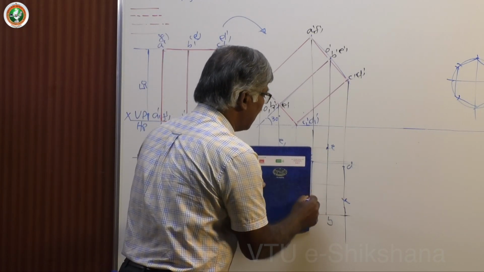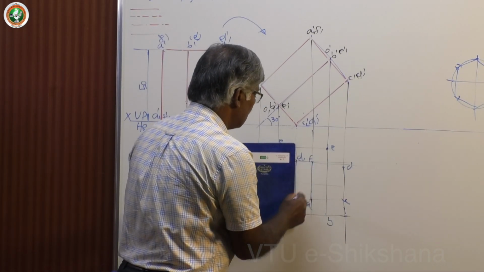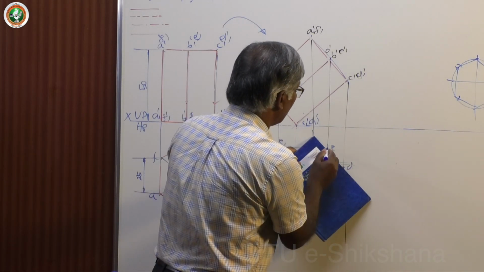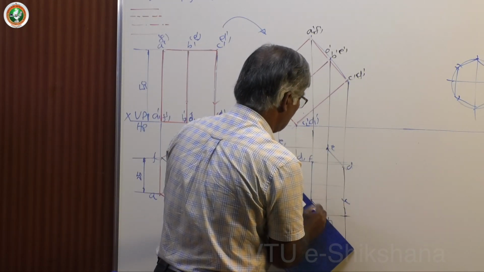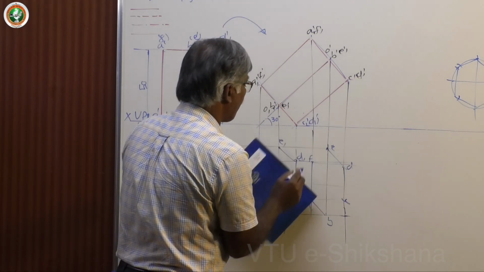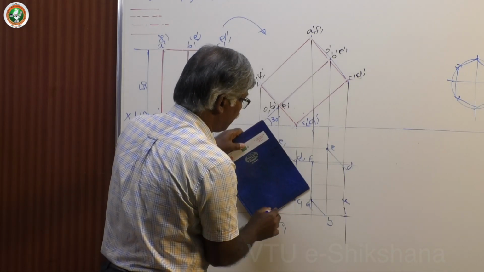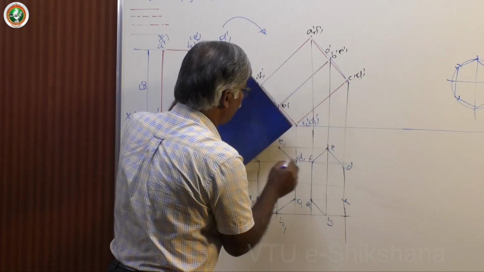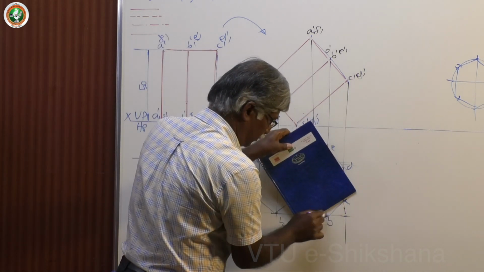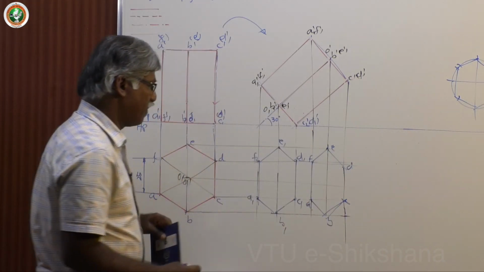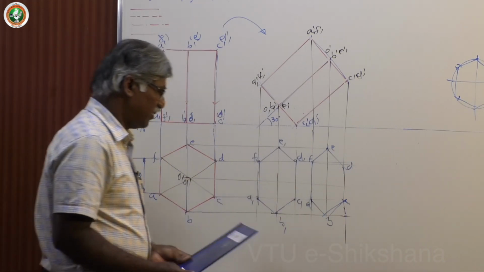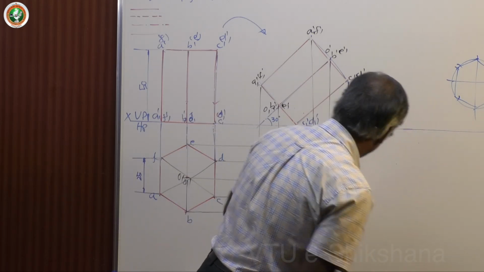Now, use light lines only for all the practical purposes. Finally, you can decide. Yes, you should get the same size and shape because the same inclination is there.